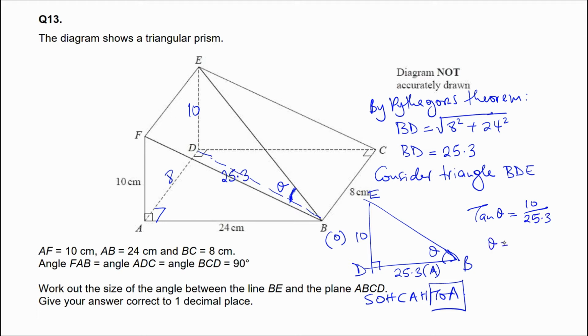So theta will be equal to the inverse of tan of 10 over 25.3. So theta will be equal to 21.6 degrees. That's how you work out that question.